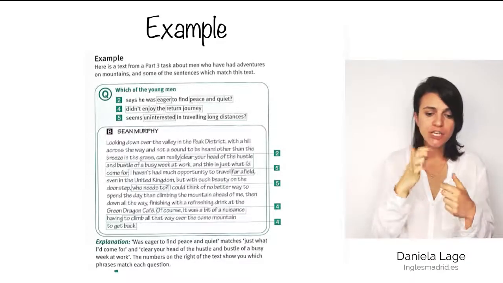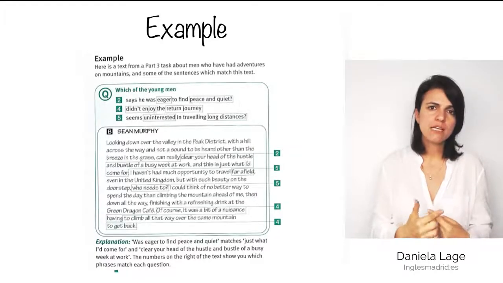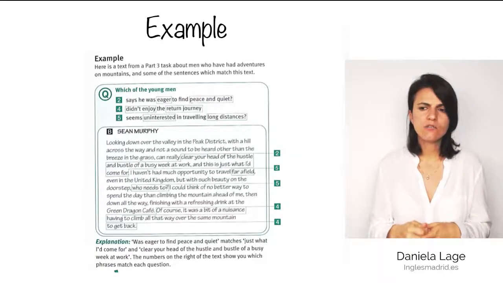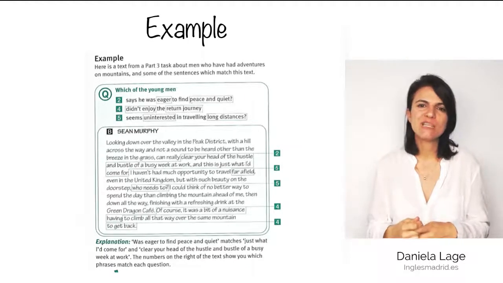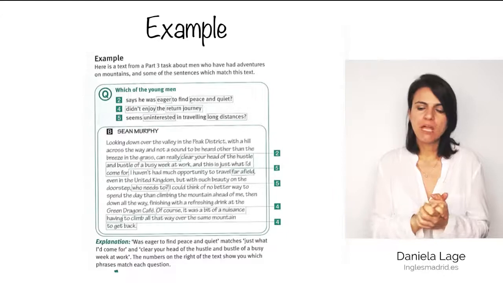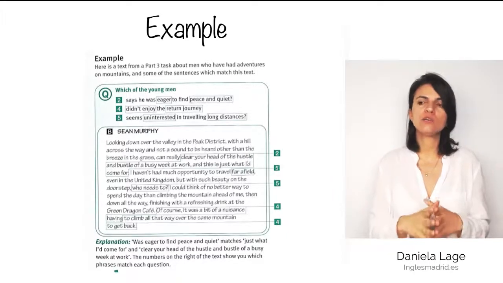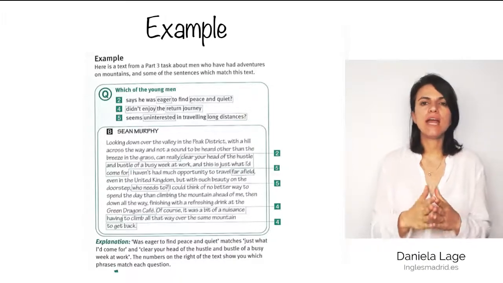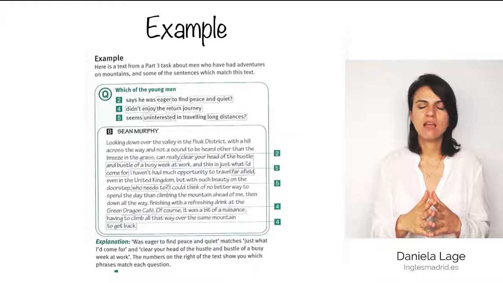Here we have connections with words, and you are going to see how easy it is. Really, this exercise is really easy. I like it. I always recommend my students to start with this exercise because it's easy to do and you will get points.